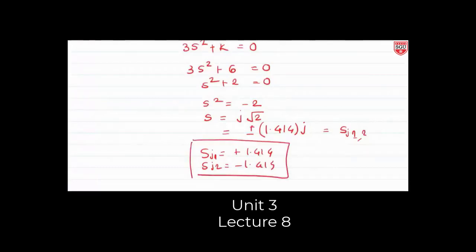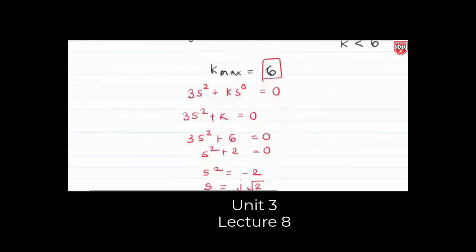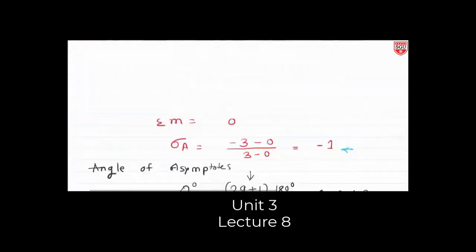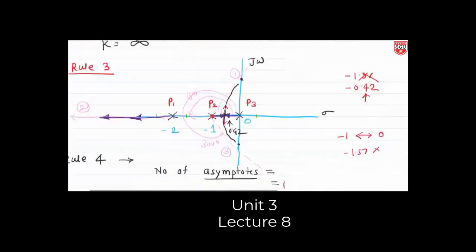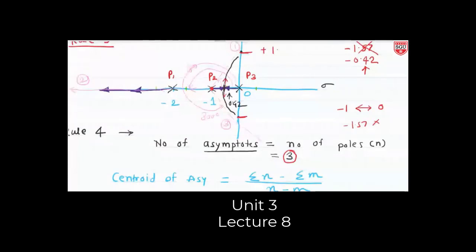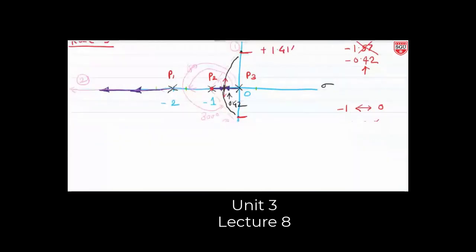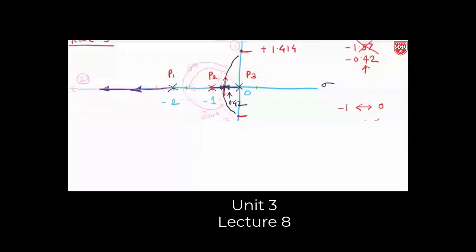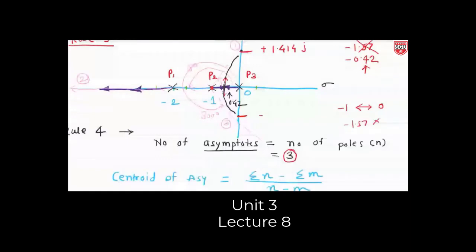Means on this graph, here, let's say here only, here is positive 1.414 j, and it is minus 1.414 j.